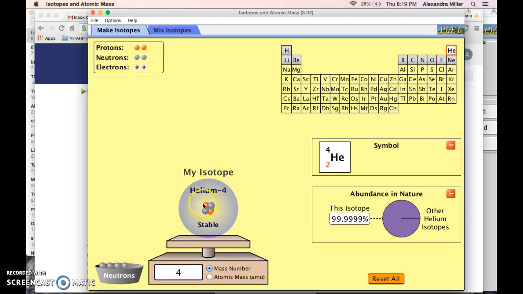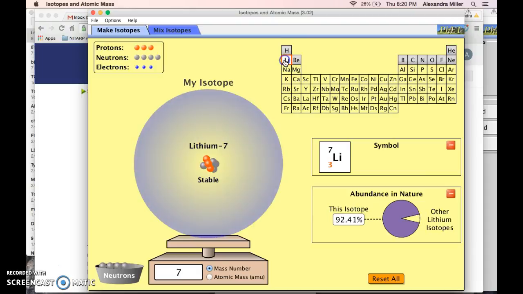Helium 4, 2 protons, 2 neutrons. Lithium 7, 3 protons because it has an atomic number of 3, and 4 neutrons. Some of us have gotten really hung up on whether or not this is a stable or unstable isotope.